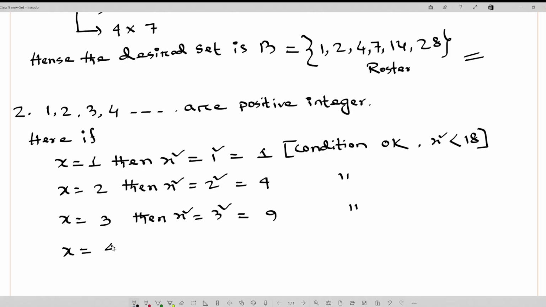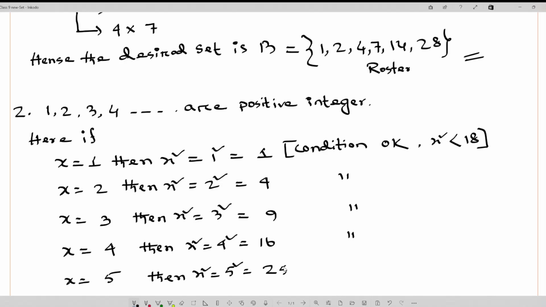x equals 4, then x squared equals 4 squared equals 16. Here the condition is also okay. x equals 5, then x squared equals 5 squared equals 25.